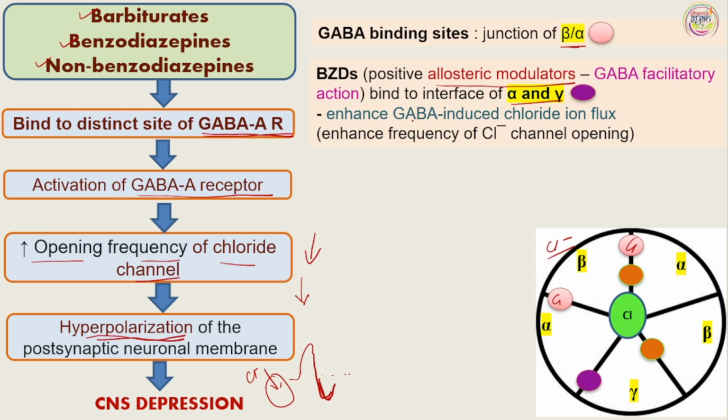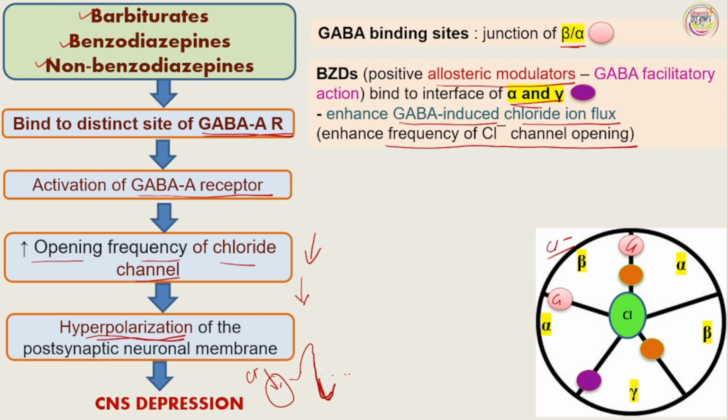After binding, they enhance the GABA-induced chloride ion flux. They enhance the frequency of chloride channel opening.